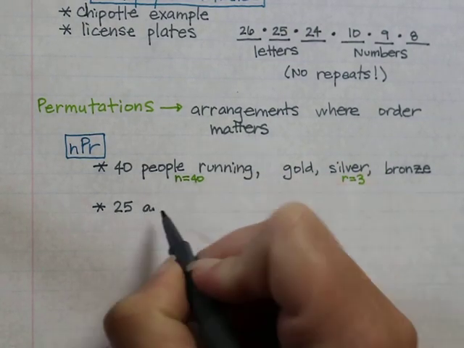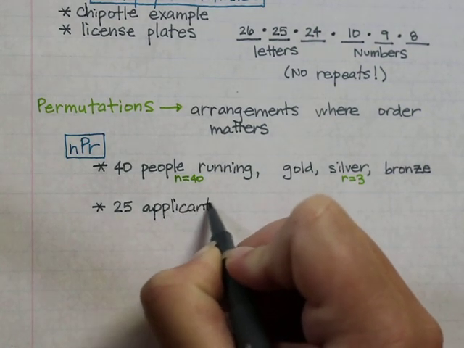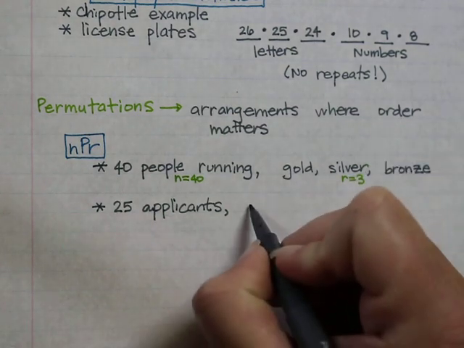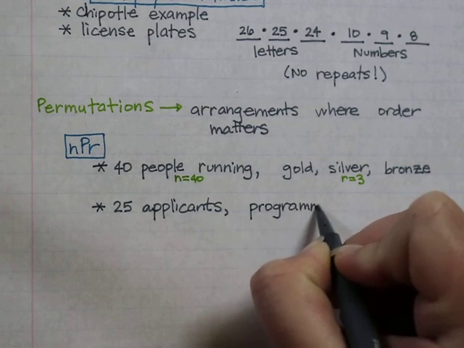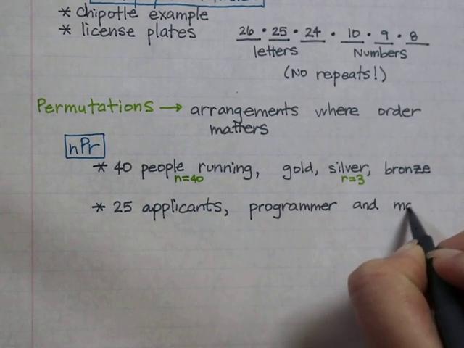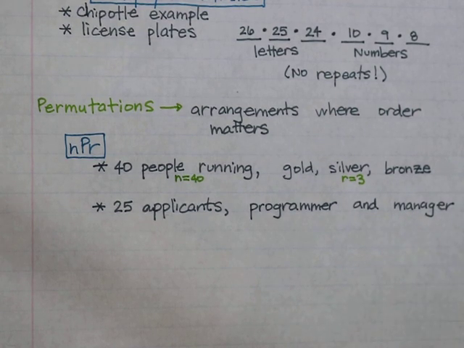25 applicants, and we are hiring for a programmer and a manager. So and some of you are like, wait a minute. Well, no, because there's specific titles, right?